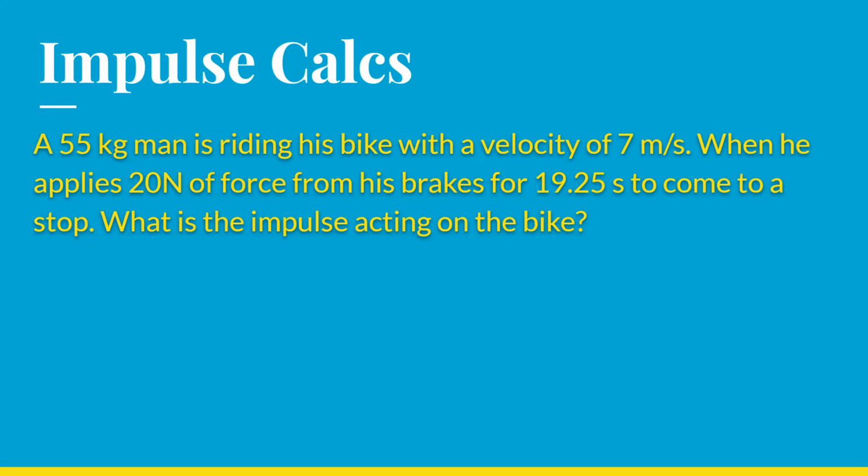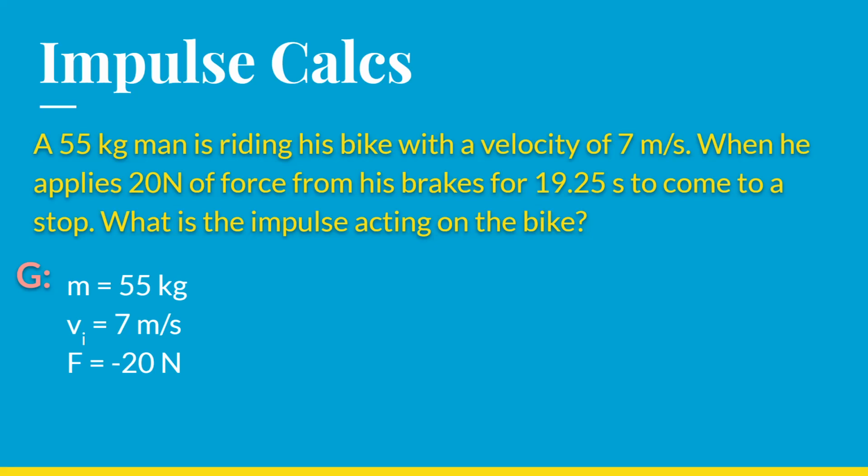Okay, so we're going to, again, label the information that we have been given. We know that the man has a mass of 55 kilograms. We know that the man has an initial velocity of 7 meters per second, that he applies 20 newtons of force from his brakes. Okay, that means he's applying the force in the opposite direction that he's moving. So that's going to be negative 20 whenever I write it down.